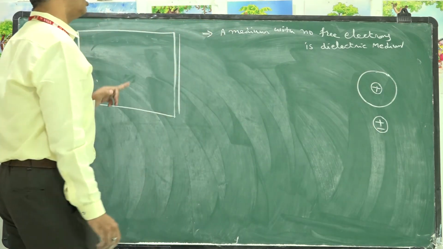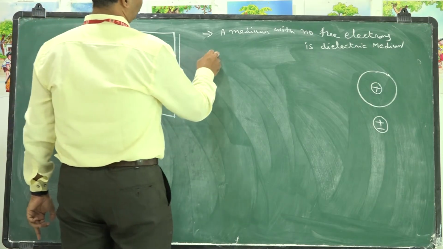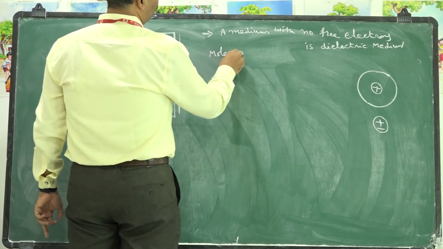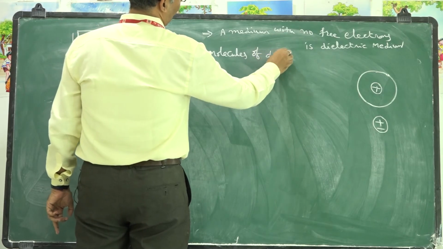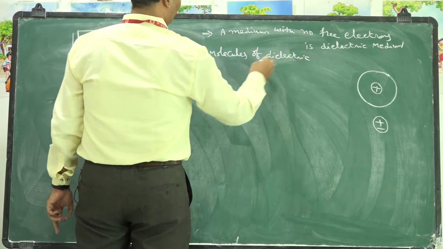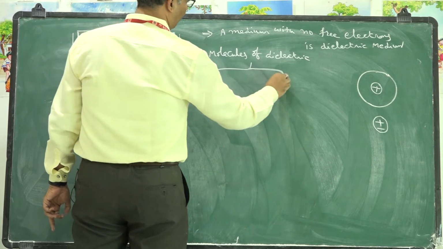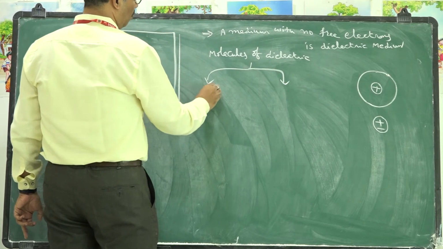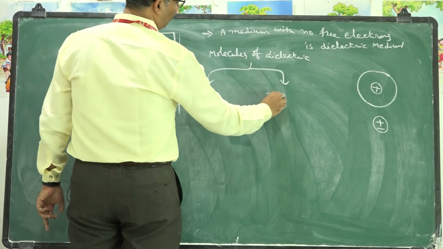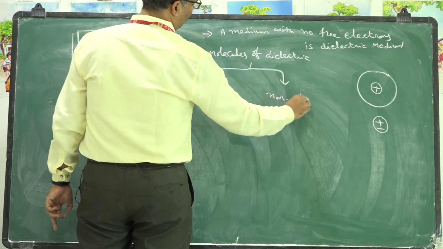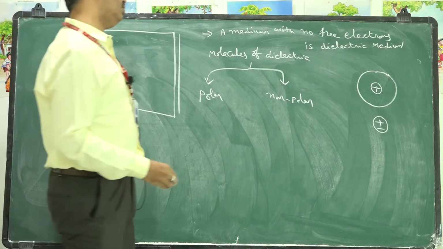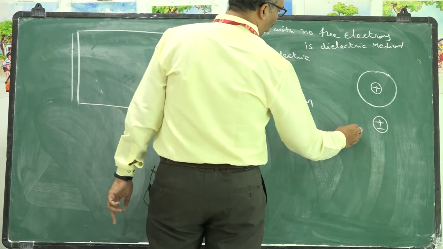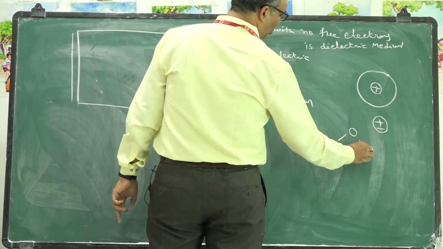But dielectrics are made up of molecules. Molecules of dielectric will be classified into two categories. One is polar molecules, second one is non-polar molecules. Polar molecule means, for example, if you take water, H2O.